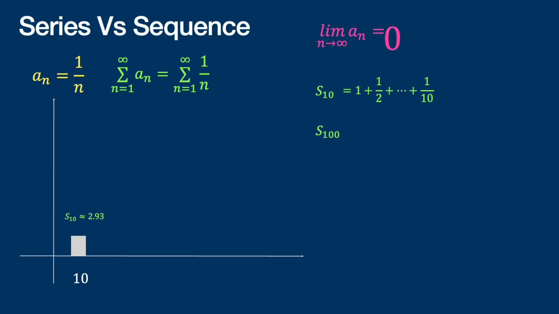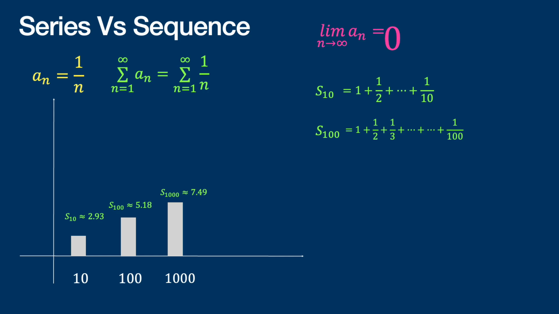Now I want to calculate S_100, which means you add 1 up to 1 over 100. I calculate that partial sum, S_100 is 5.18. Okay, let's do more. You add 1,000. S_1,000 is going to be 7.49. Keep going.